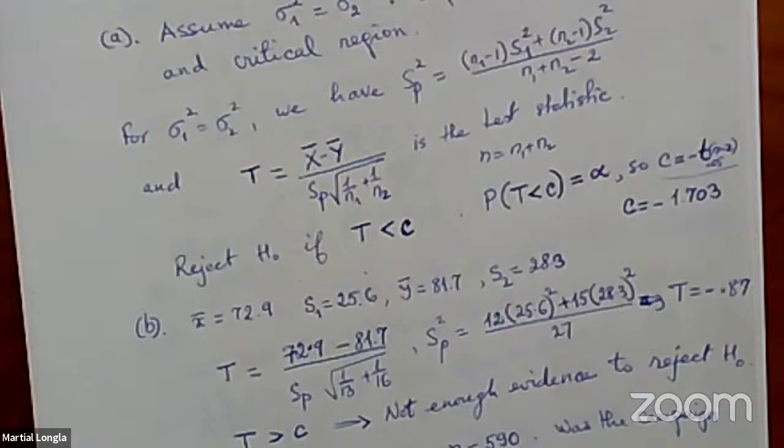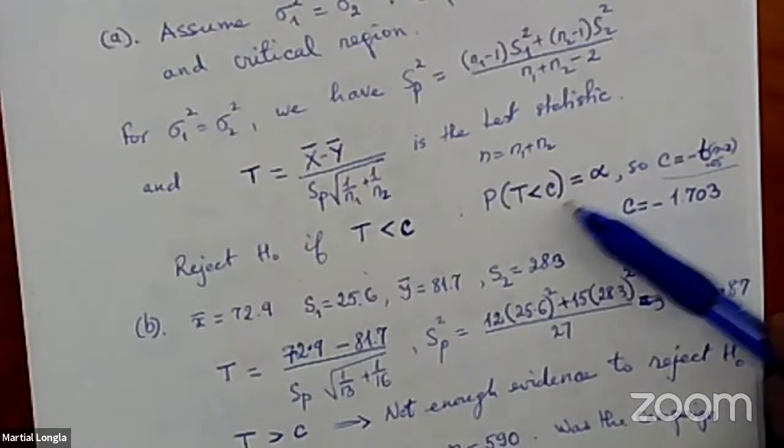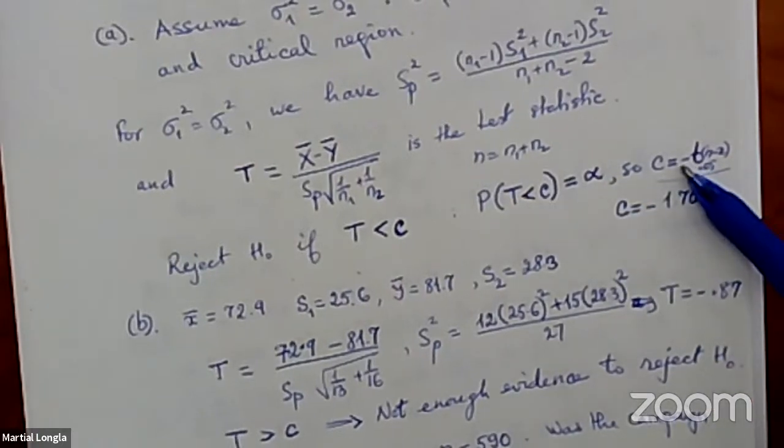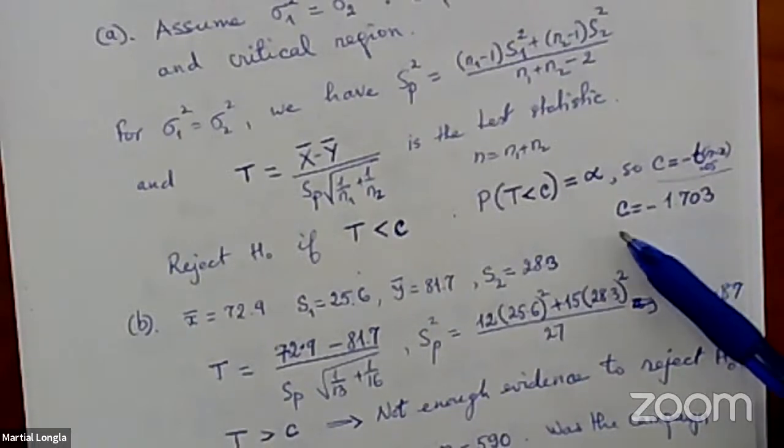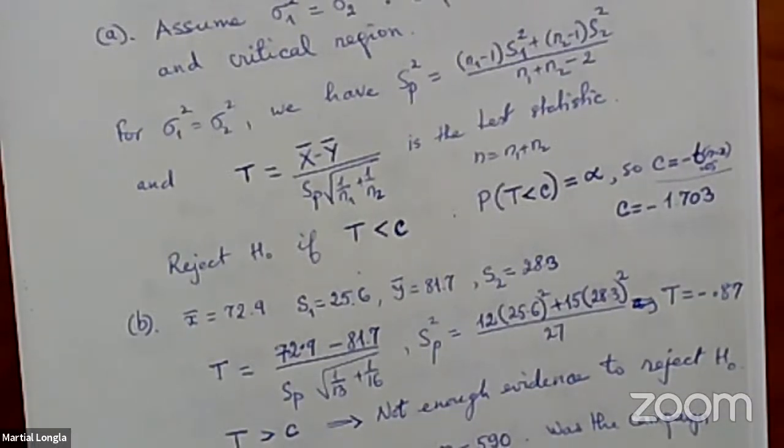That's the definition. And from that definition, you can find c. It's therefore negative t.05 with n minus 2 degrees of freedom. So that number is negative 1.703.